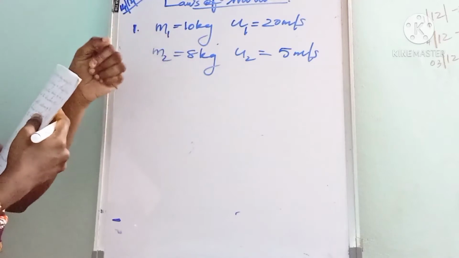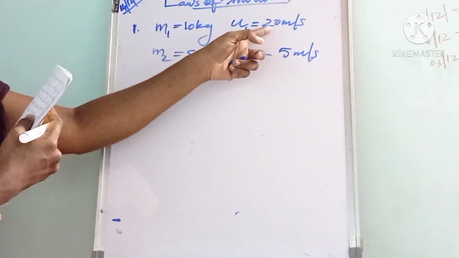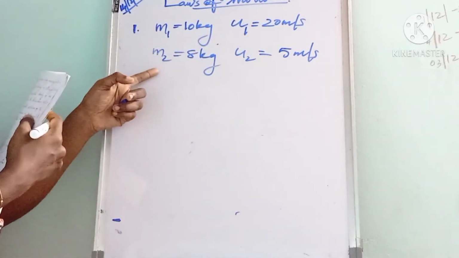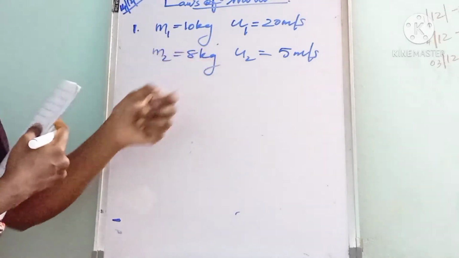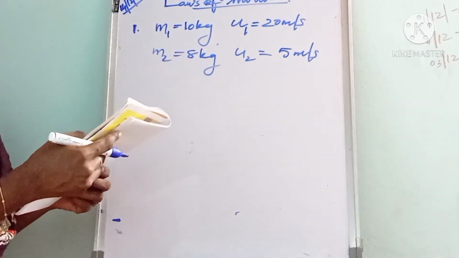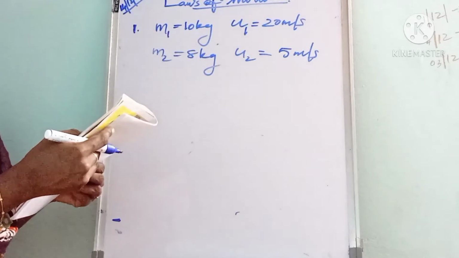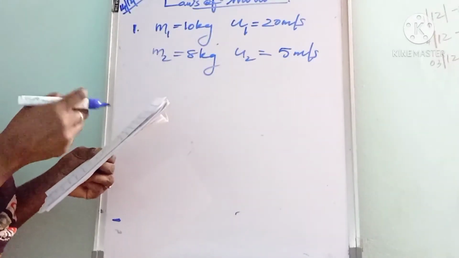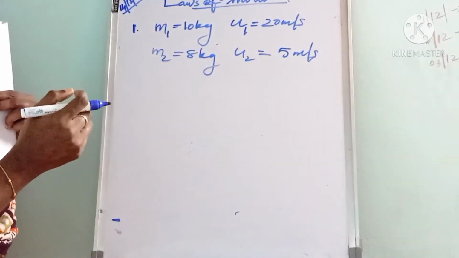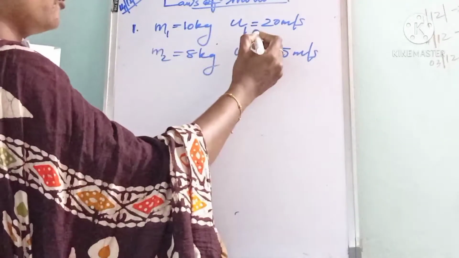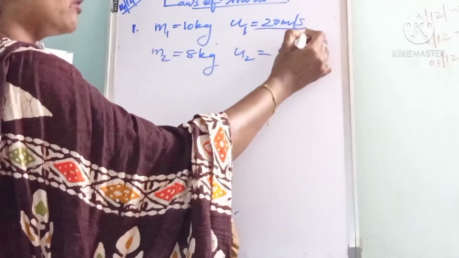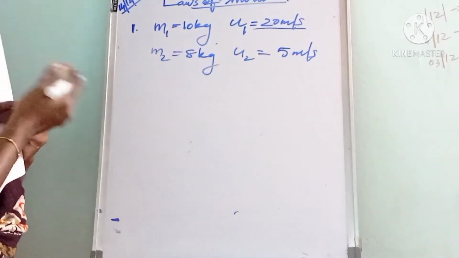m1 is equal to 10 kg and it moves with a velocity 20 meter per second, and m2 equal to 8 kg and it moves with a velocity of 5 meter per second. And after collision, if the velocity of the former is reduced to 16 meter per second, okay, that is the first body that moves with a velocity of 20 meter per second before collision.